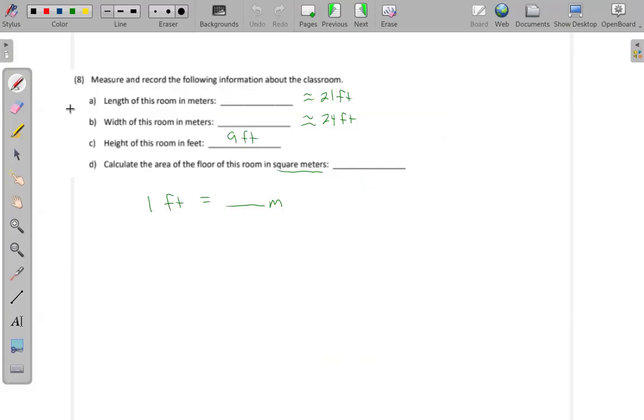So to make that conversion happen, I'm going to multiply here. And I'm going to get rid of feet and convert to meters. And we just calculated that 1 foot is about 0.3048 meters. And I'm going to do the same thing for this one, and that's going to get me meters.